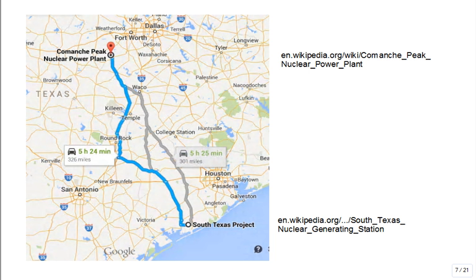Where is the South Texas project compared to Houston, compared to San Antonio, compared to Austin? And there it is. It's down by Victoria toward the coast. And so we have nice power grids that bring the electricity up and over. So that's where it's generated.